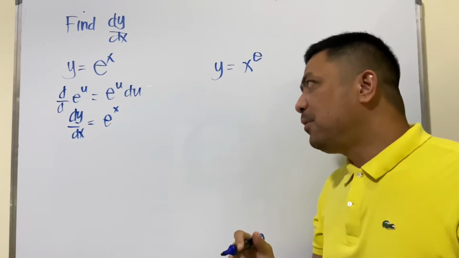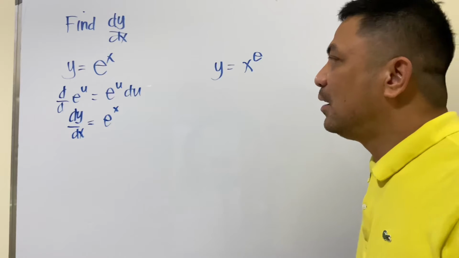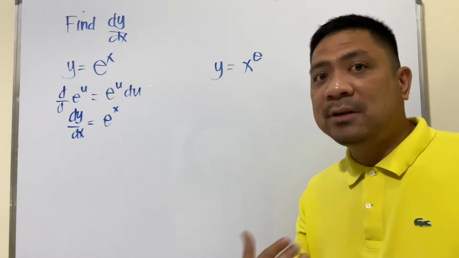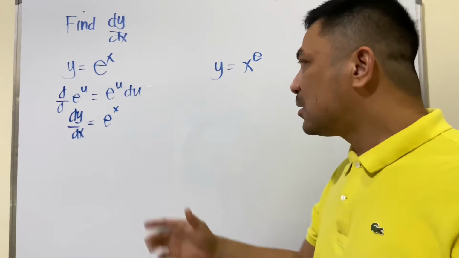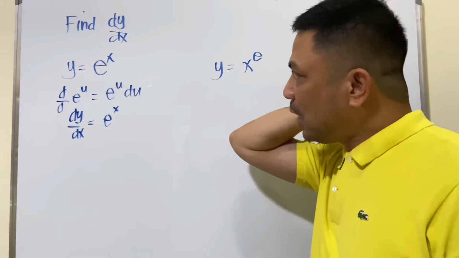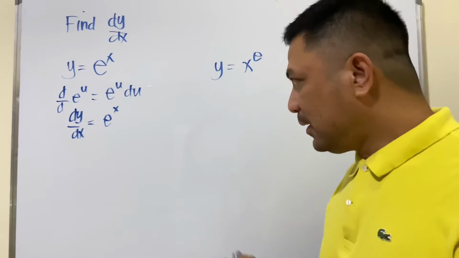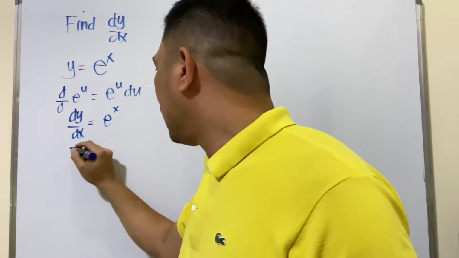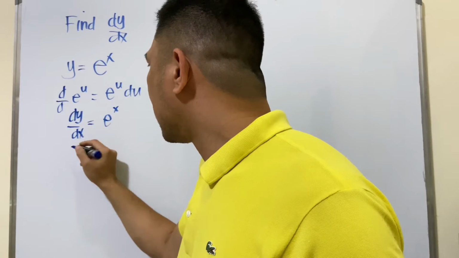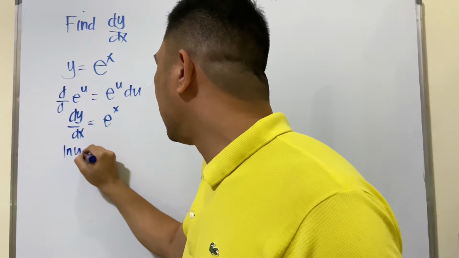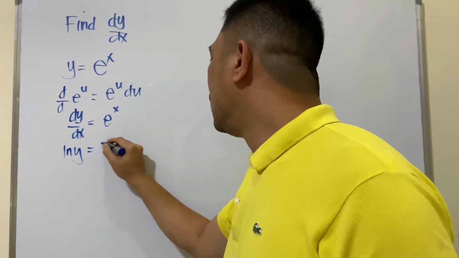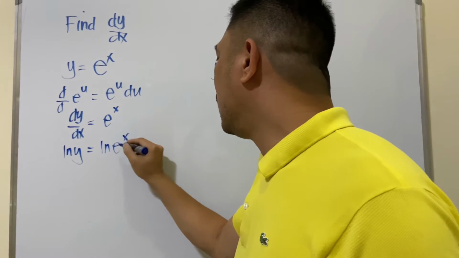But if you apply what we learned yesterday, you can also prove that the derivative of y equals e raised to x is also e raised to x. You can take the logarithms of both sides, so you have ln y is equal to ln e raised to x.